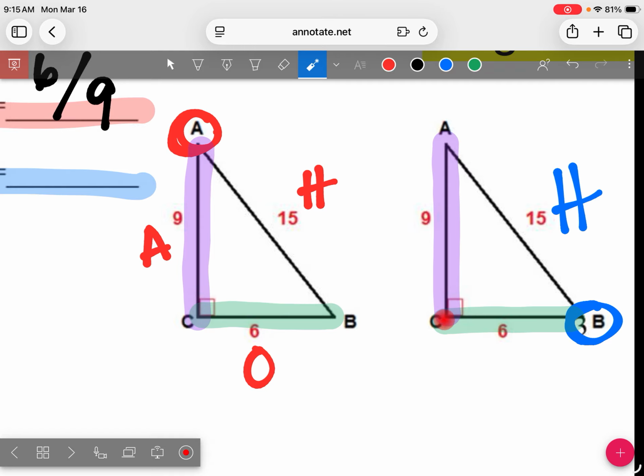Does everybody see that? If I'm driving from here to here, do you agree that I'm going to eventually hit angle B? If I drive on this road, I'm not going to hit B. I have to make a turn to hit B. But this one runs into it, so this would be adjacent. So now 6 is adjacent and 9 is opposite.